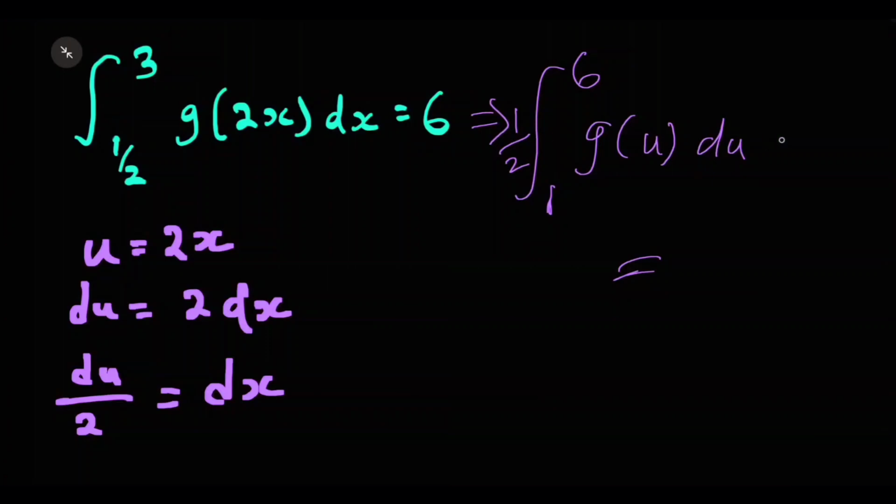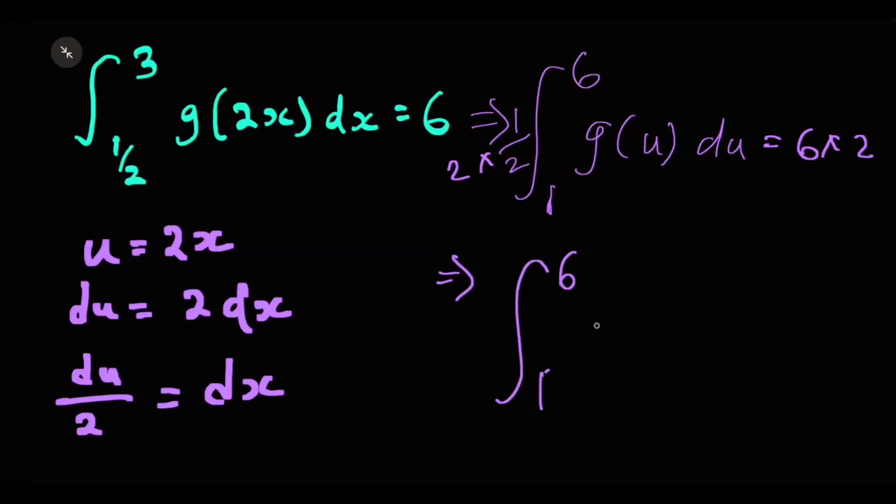So if this is equal to 6, I can multiply both sides by 2. When I multiply both sides by 2, this half is gone. So my expression is the integral from 6 to 1 of g of u du equals 12.